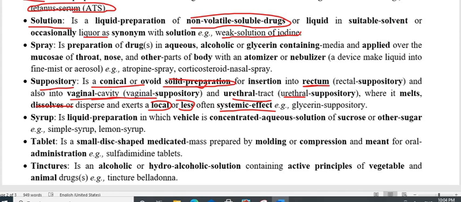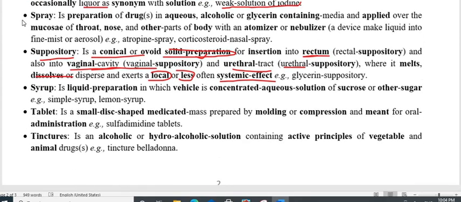We may use it for a body cavity, but now we go through the spray. Spray is also a very common terminology, where the drug is in an aqueous solution, alcoholic solution, or glycerin-containing vehicle, applied over the mucosa of particularly the throat, nose, or other body part using a nebulizer or atomizer.